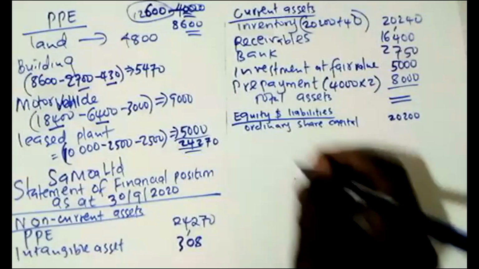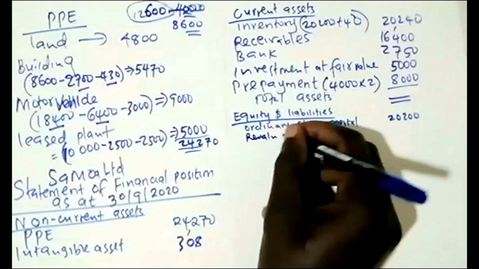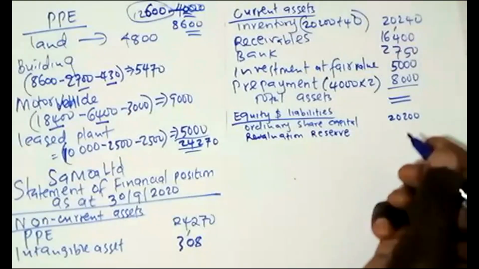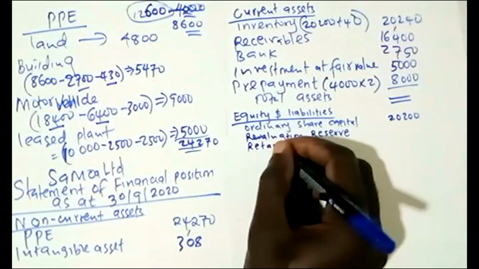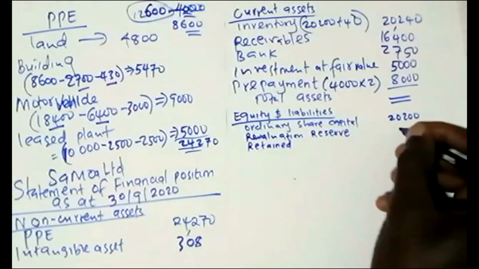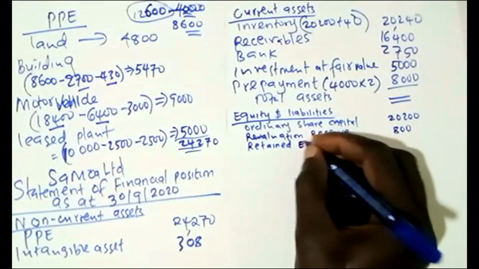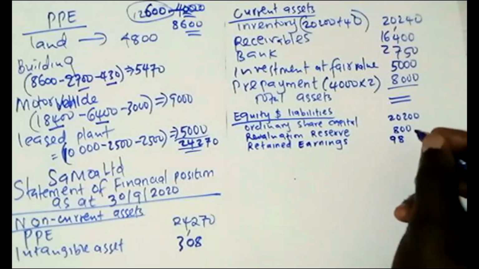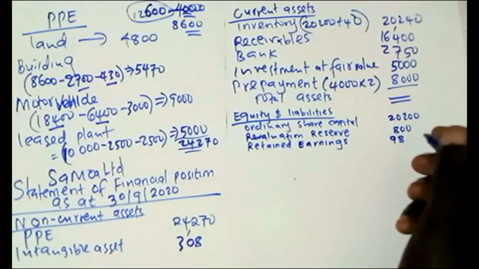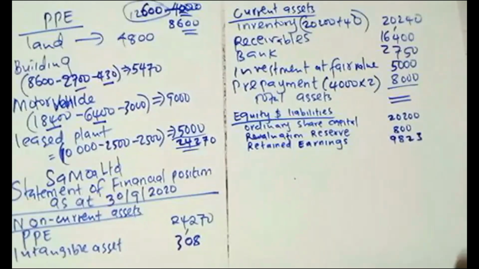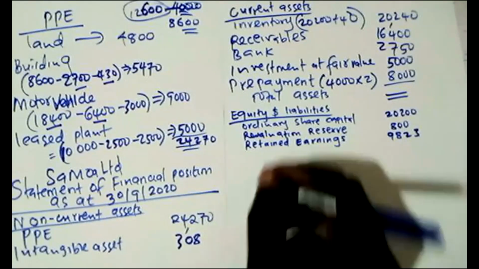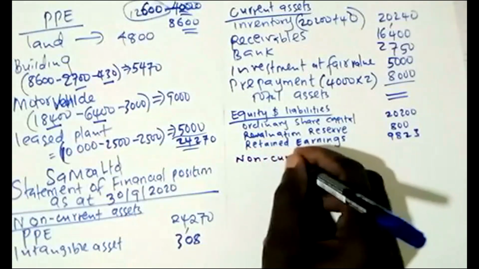Then we have revaluation. Which revaluation would I record here? Revaluation on land, so the land 800. Yes, the one for land. Then retained earnings from the income statement we prepared, the one I said I needed, 9823. All right. So non-current liabilities.